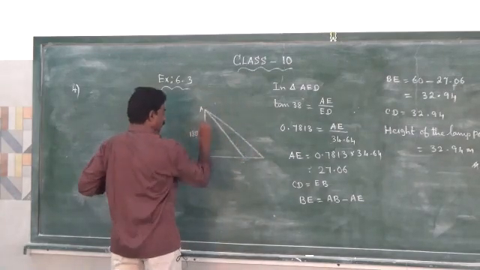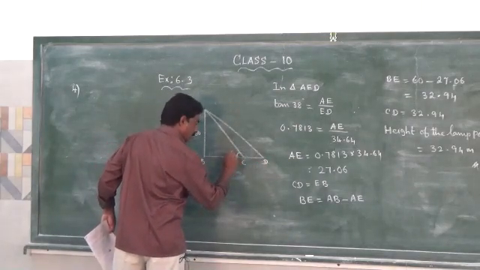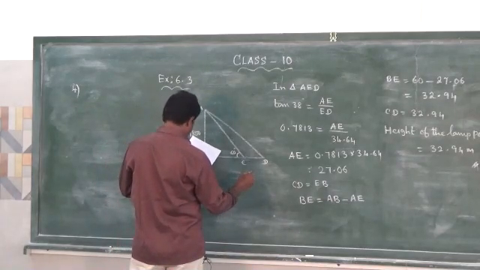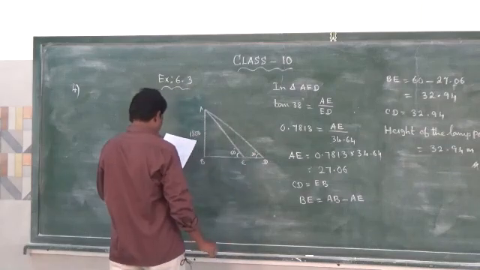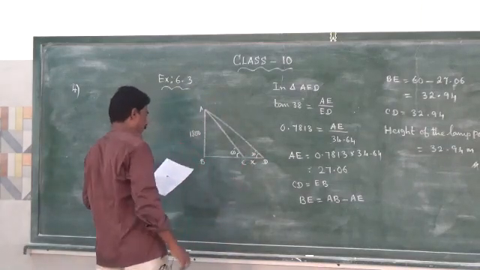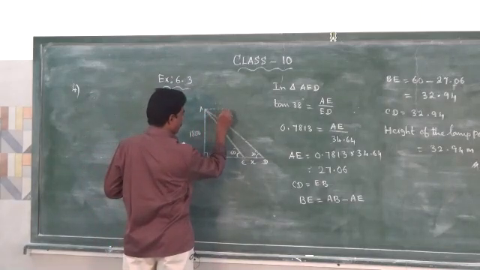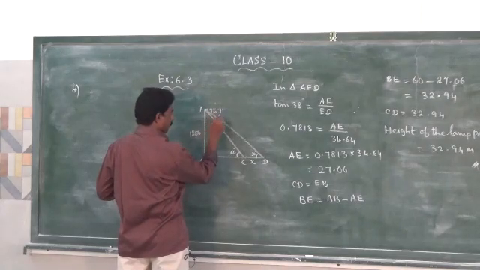So A, B, C, D, 60 and 30. Find the distance between the two boats. The two boats are C and D. So 30 and the angle of depression is 60.